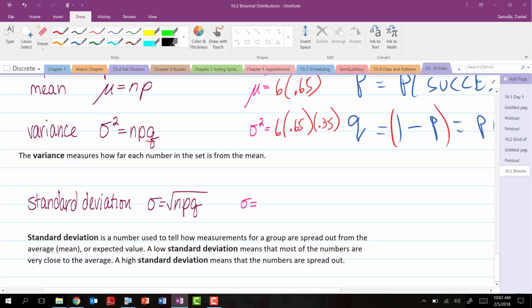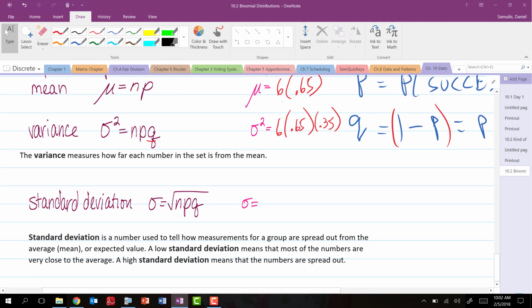Then the standard deviation, if you want to write that down, is the number used to tell how measurements for a group are spread out from the average. This is what statisticians like. They like to get these numbers and then see how spread out it is. That's a big deal. So a low standard deviation means that most of the numbers are very close to the average.